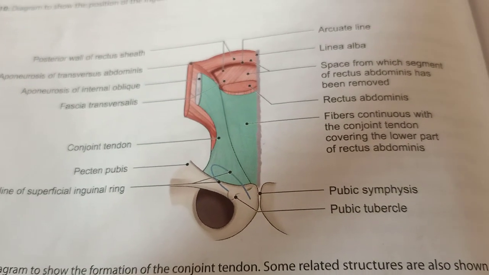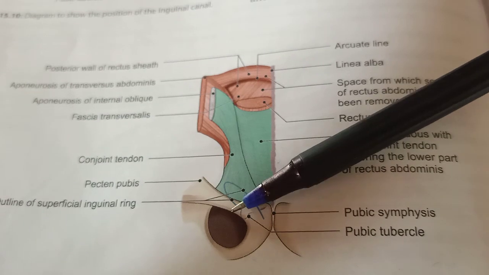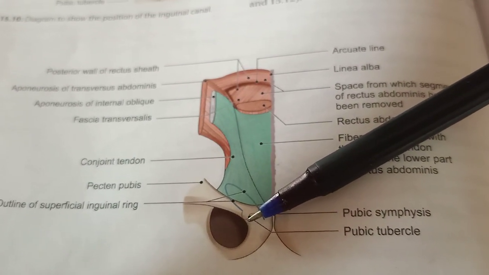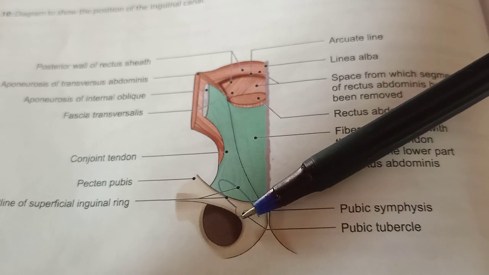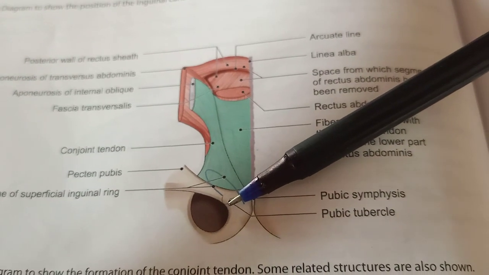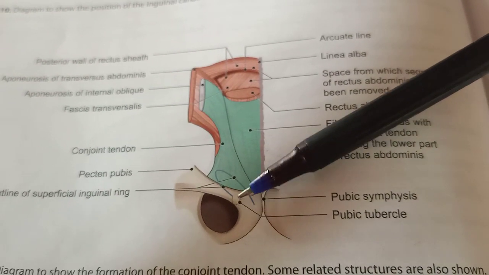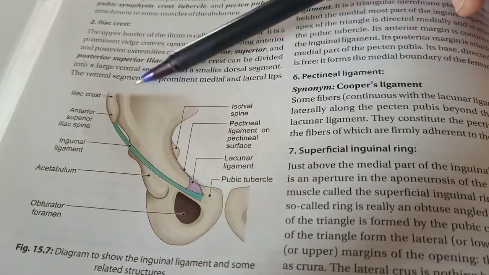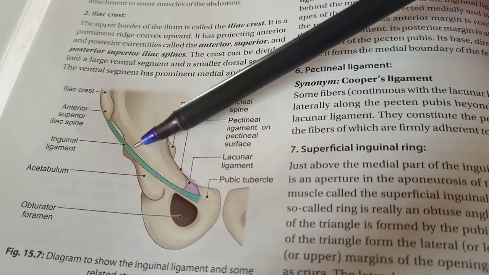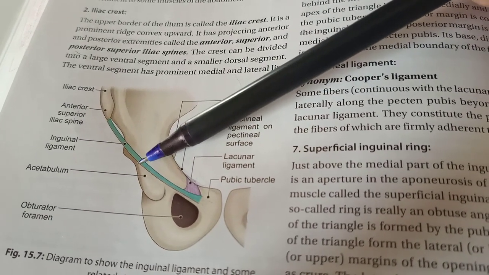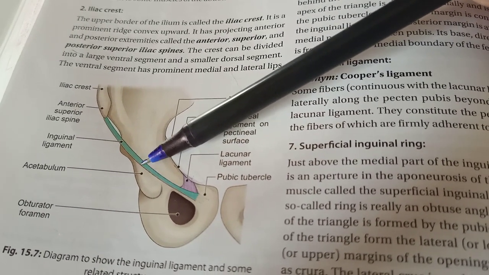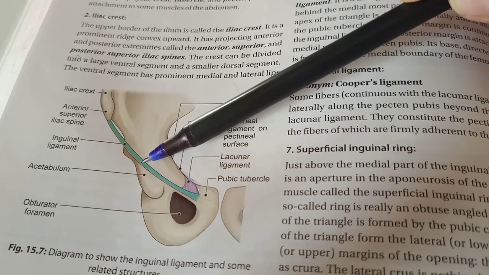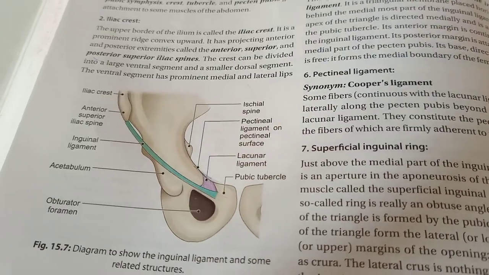Now you all know, in the inguinal ligament, the topic I discussed in the previous video, in the lateral 2/3 there is insertion of internal oblique, and in the lateral 1/3 there is insertion of the transversus abdominis.